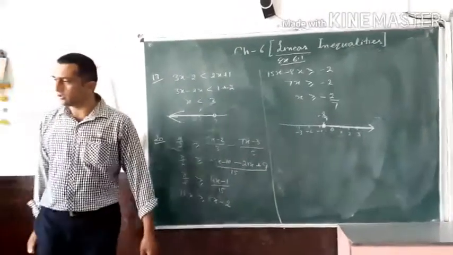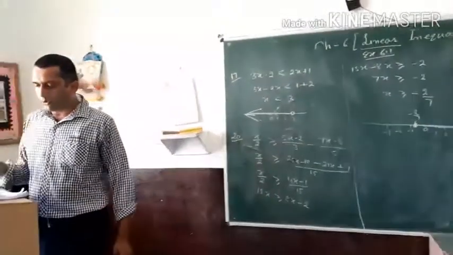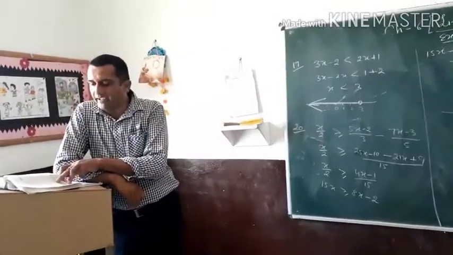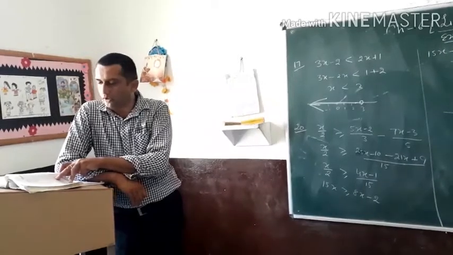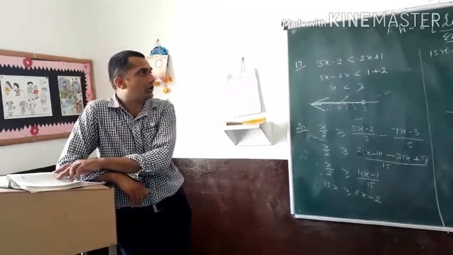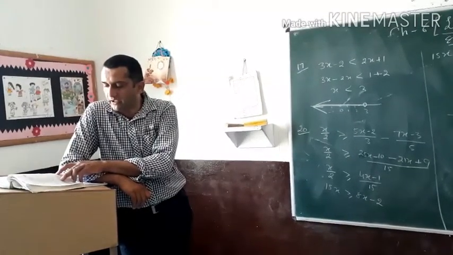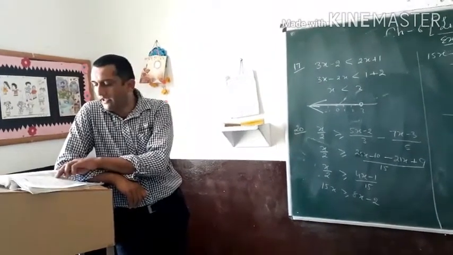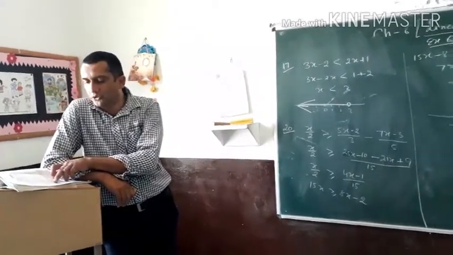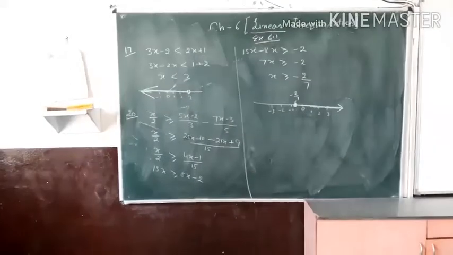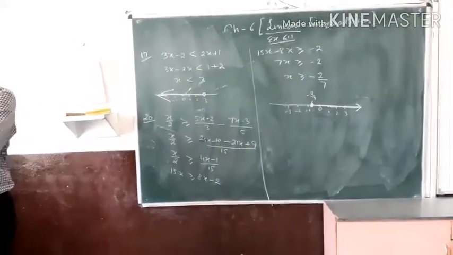So next, question number 21. Ravi obtained 70 and 75 marks in 2 unit tests. Find the minimum marks he should get in the third test to have an average of at least 60 marks.